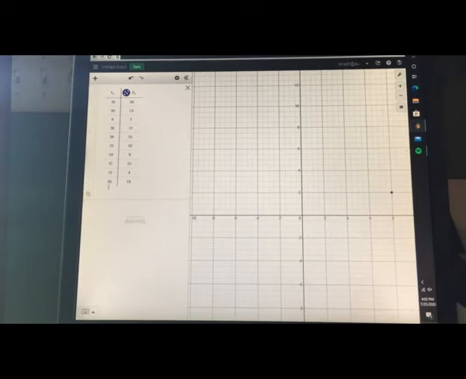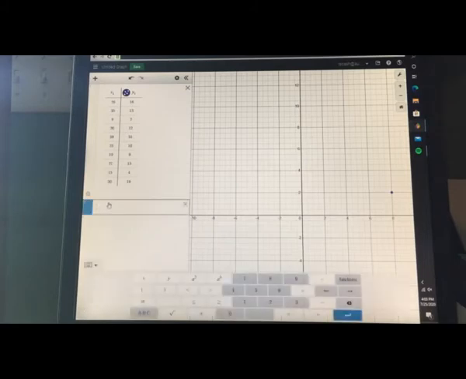So what I want to do is tell Desmos to generate an equation for that data. In order to do that, down in the next row here, row 2, I want to tell Desmos to generate a y equals mx plus b equation for me.